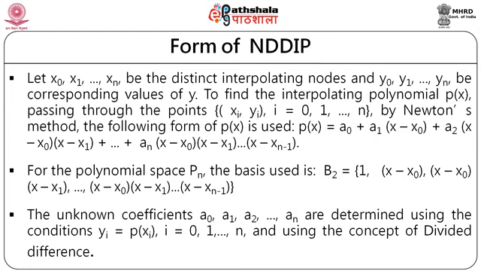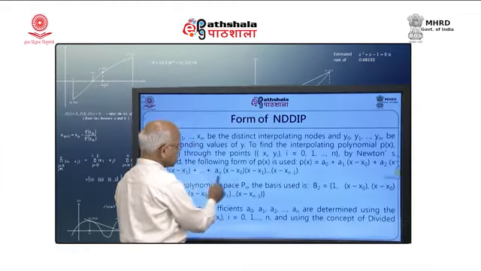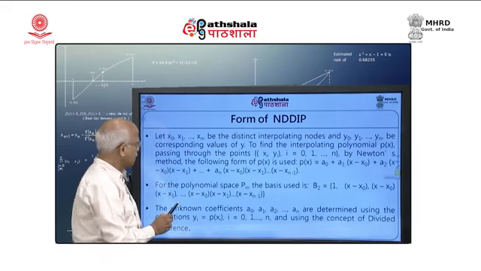So, the form of p x that I am going to use is p x equal to a 0 plus a 1 into x minus x 0 plus a 2 into x minus x 0 into x minus x 1. So, there will be two factors, and then finally, a n into x minus x 0 into and so on up to x minus x n minus 1. These will be the n factors, and therefore, the degree of the polynomial will be n.